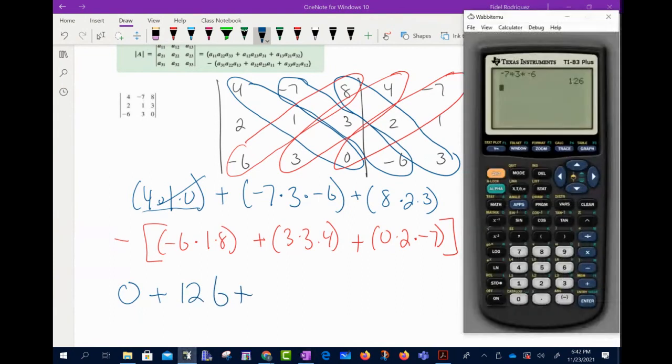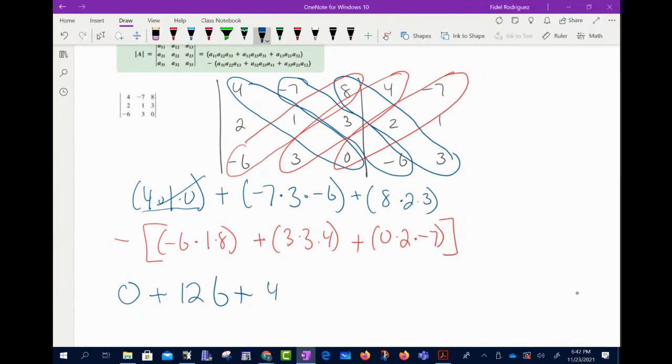Plus 8 times 2 times 3, which is 48. Minus, now I'm going to start doing these. Negative 6 times 1 times 8, that's negative 48. 3 times 3 times 4, that is a positive 36. 0 times 2 times negative 7, that's still 0.